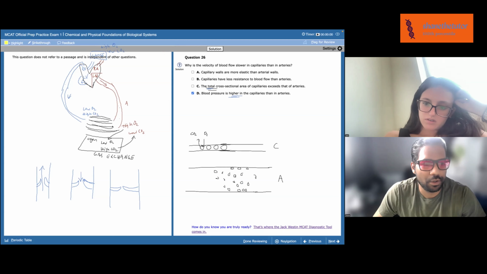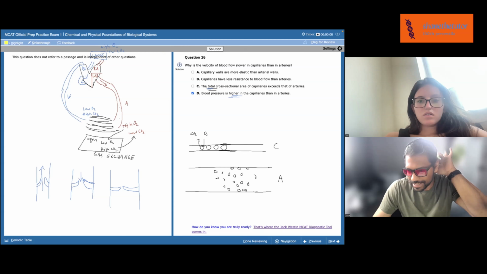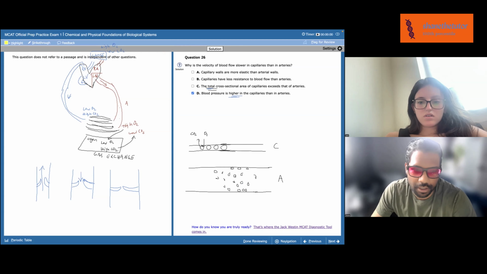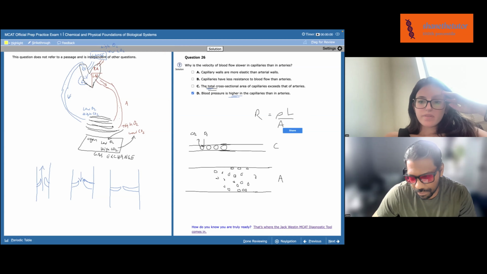And then B is talking about resistance to blood flow being larger in capillaries than arteries, and the resistance is similar to resistance in circuits. You know how in circuits, resistance is proportional to length and inversely proportional to area.